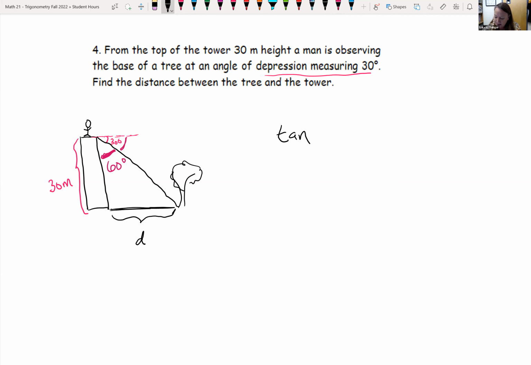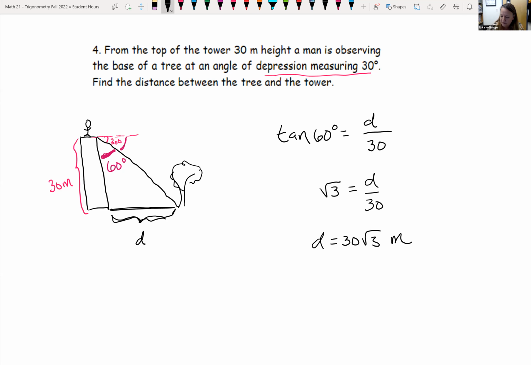So tangent of 60 degrees is equal to the opposite side, which is D, all over the adjacent side of that angle, 30 meters. Tangent of 60 degrees is root 3, equals D over 30. So D is equal to 30 times root 3 meters, the distance between the base of the building and the base of the tree.